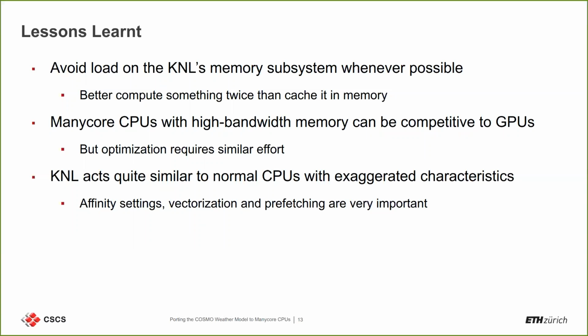But on the KNL, you actually lose a lot of performance if you just screw up vectorization or prefetching. You can get really only a tiny amount of the performance you could get if everything would work as it should.